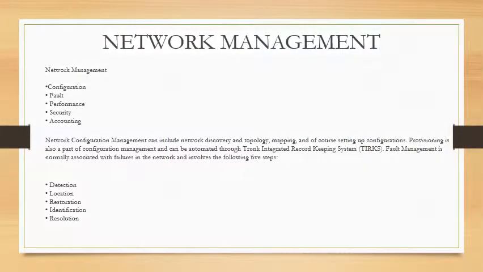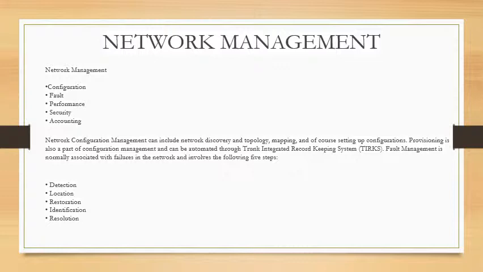Network management: configuration, fault, performance, security, accounting. Network configuration management can include network discovery and topology mapping, and of course, setting up configurations. Provisioning is also a part of configuration management and can be automated through the Trunk Integrated Record Keeping System, TIRKS.